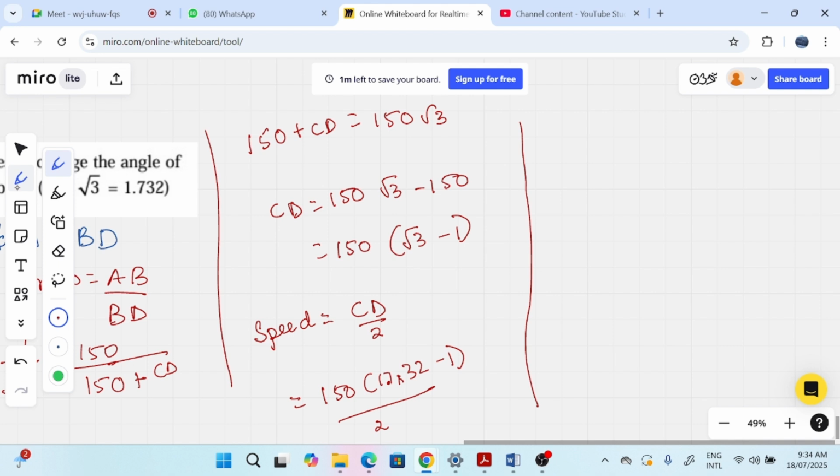Yeah, that's fine. But it is advised to convert in meters per minute, unless specified in the question. So 75 into 0.732, because 1 minus, right? So you will get 54.9. Yeah, that's the meters per minute.